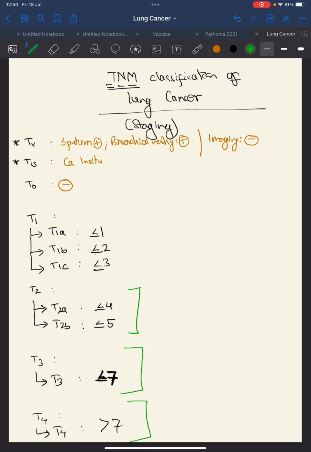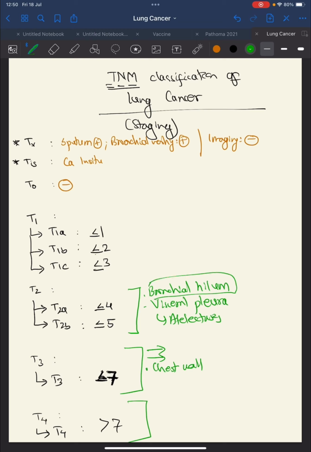This will involve the bronchial hilum, the visceral pleura, sometimes causing atelectasis, the chest wall, the pericardium and the phrenic nerve.